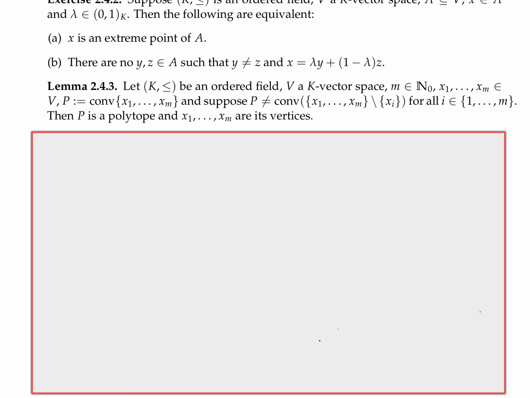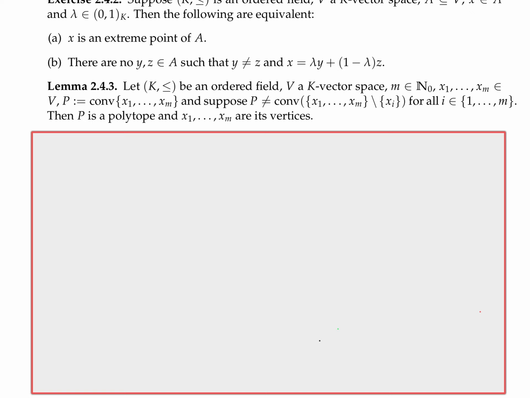And I suppose that none of the given points xi could be dropped. So whenever I take just one point out of my generating set, that generates a convex set which is strictly smaller, right? I could also write here strictly smaller, right?